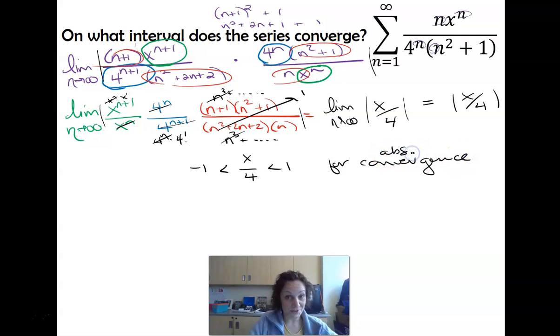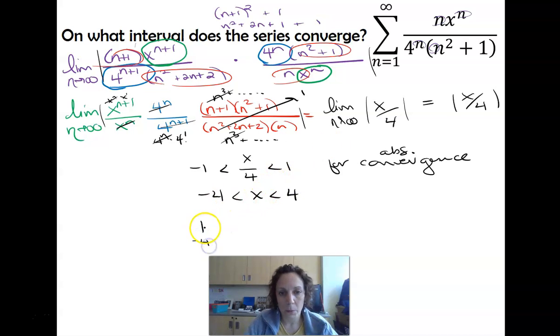Absolute convergence, even. So that means -4 to 4. I'll draw my little number line. In here, I have absolute convergence.